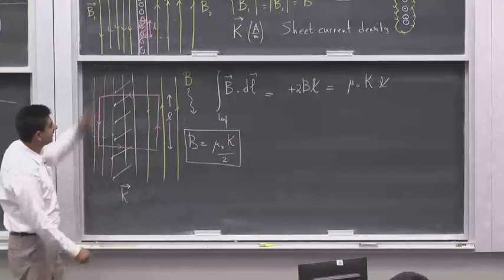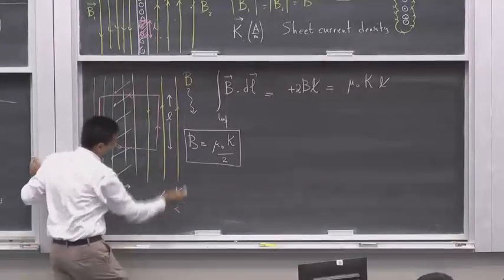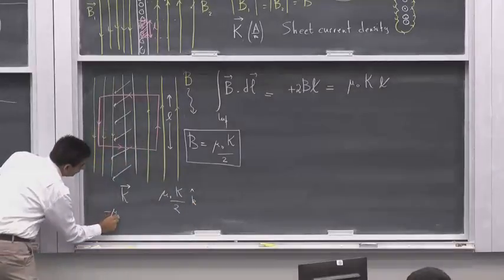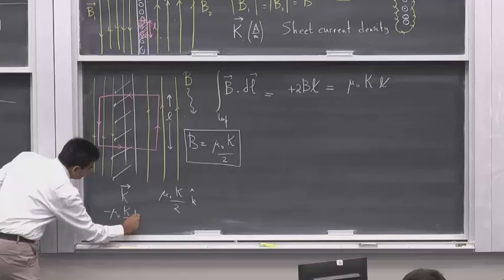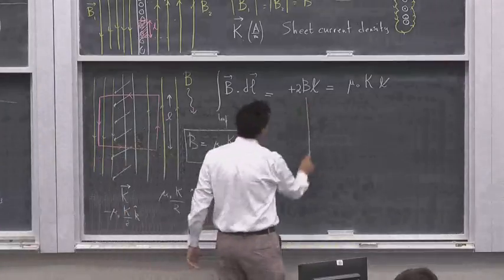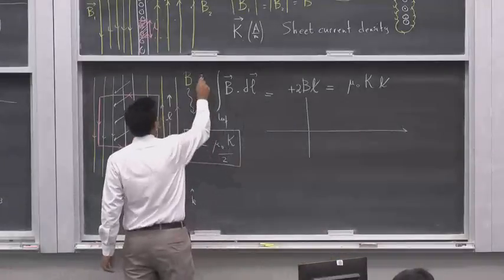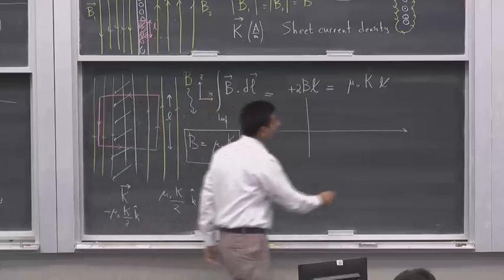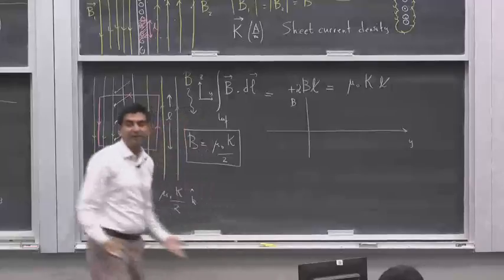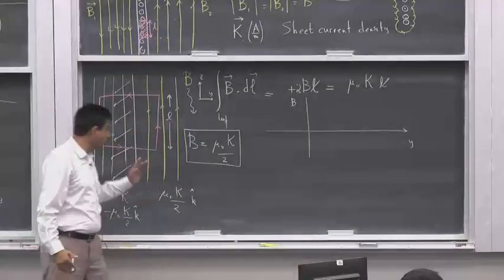So here the field is pointing in the upward direction, so the field is mu naught K over 2. If this is my Z direction, K unit vector. And here the magnetic field is minus mu naught K over 2 unit vector K. So now if I were to make a plot of the magnetic field, this is my Z axis, this is my Y axis. So if I were to make a plot with respect to Y of the magnetic field, and I can only make plots of scalars, not a vector, so I drop out this K and I make a plot.